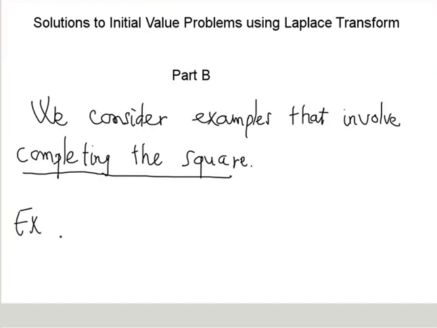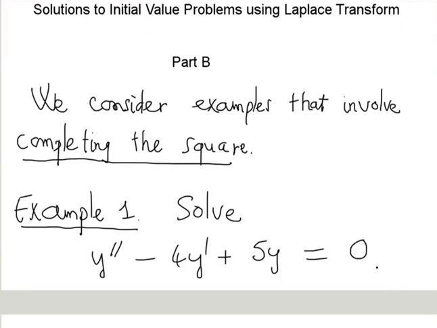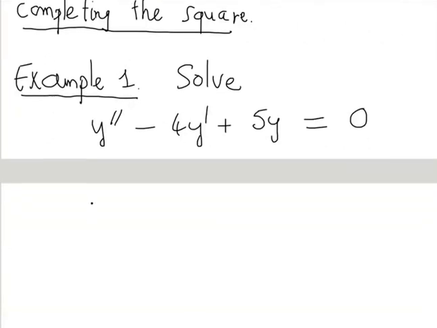So our first example is the following initial value problem. y double prime minus 4y prime plus 5y equal to 0, y(0) equal to 1, y prime (0) equal to negative 2.